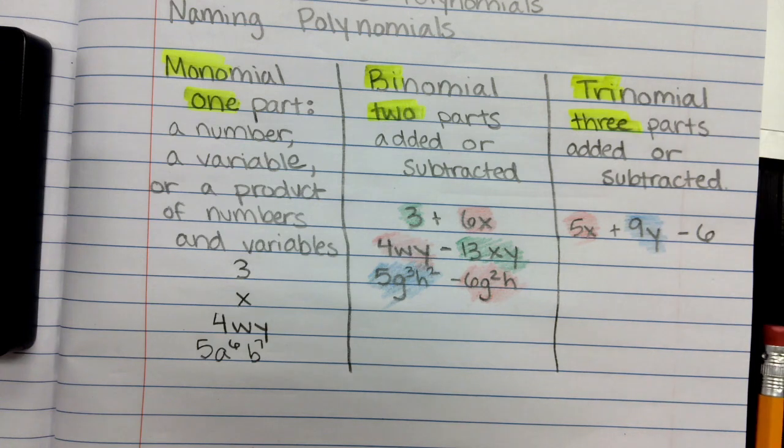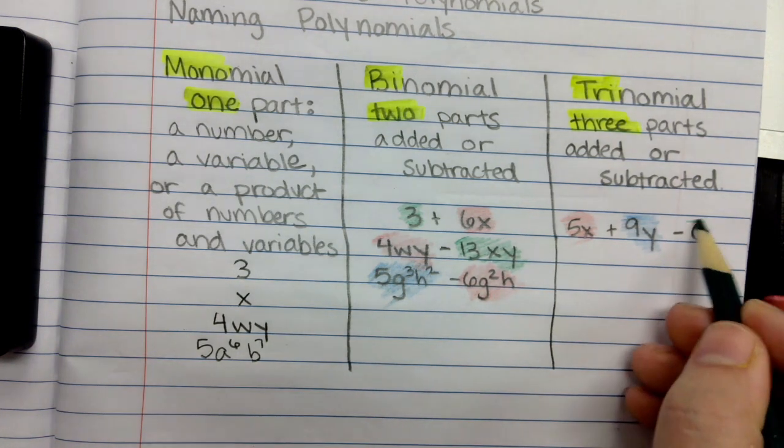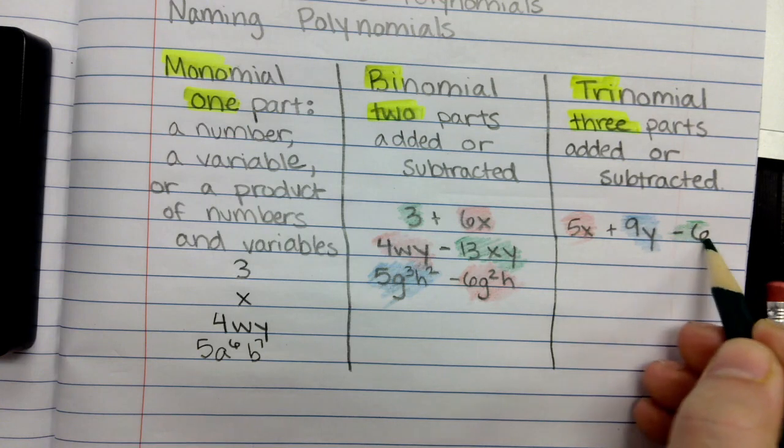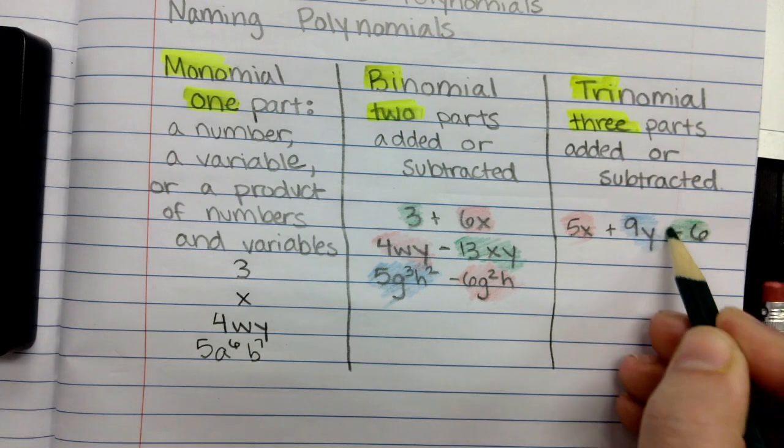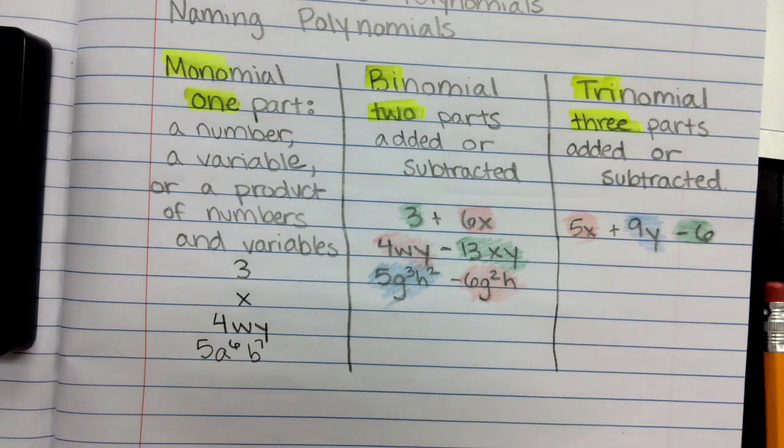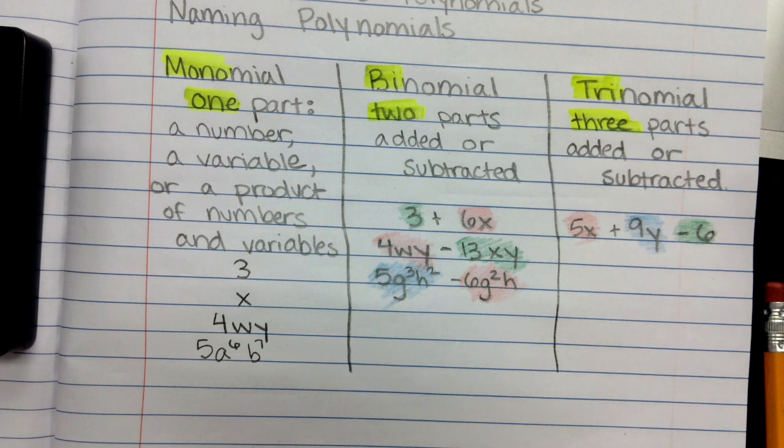Do any of them have the exact same variable? No. xy, and what is y squared? So what would be our first part of that trinomial? The x squared would be the first part. What is going to be the second? 3y squared.